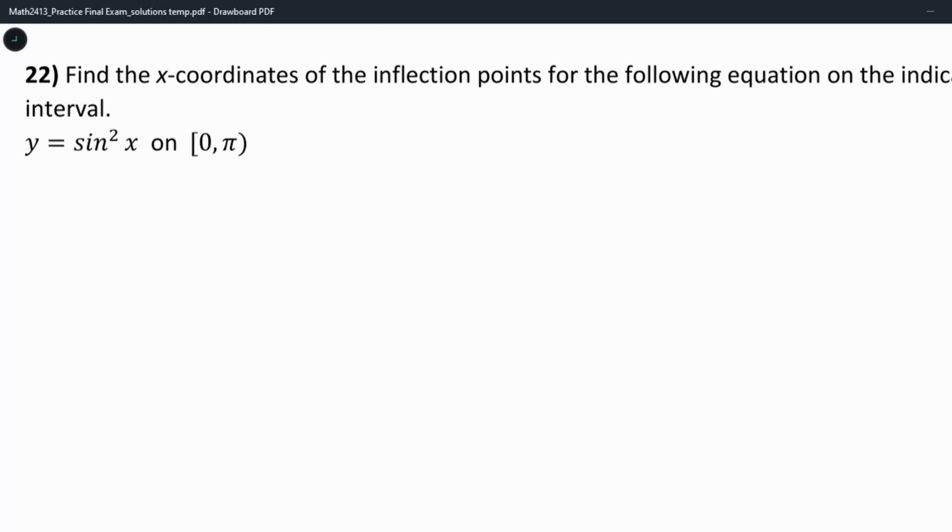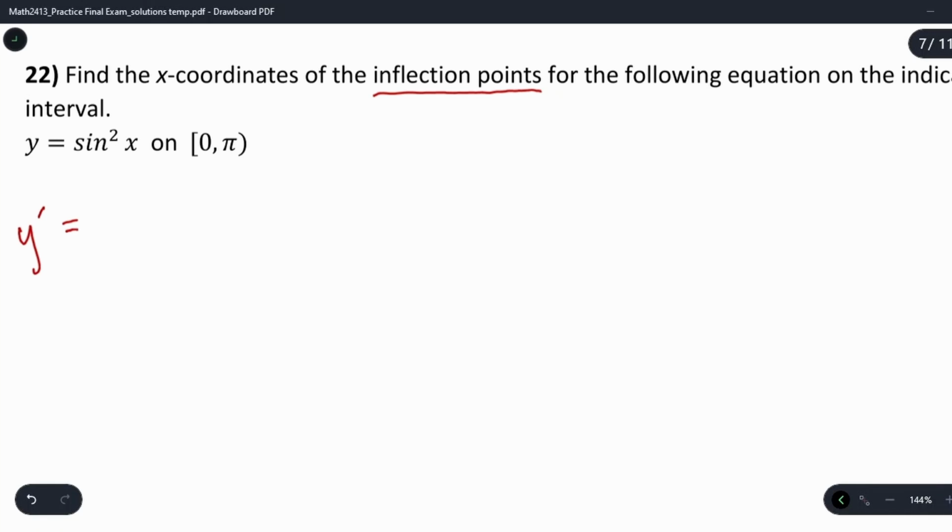Next, number 22, find the x-coordinates of the inflection points for the following equation on the indicated interval. And so here, inflection points occur at the second derivative, so we're going to need to find y double prime. And in order to get there, we need to start with the first derivative. Here we have sine squared x, which is going to require the power rule.